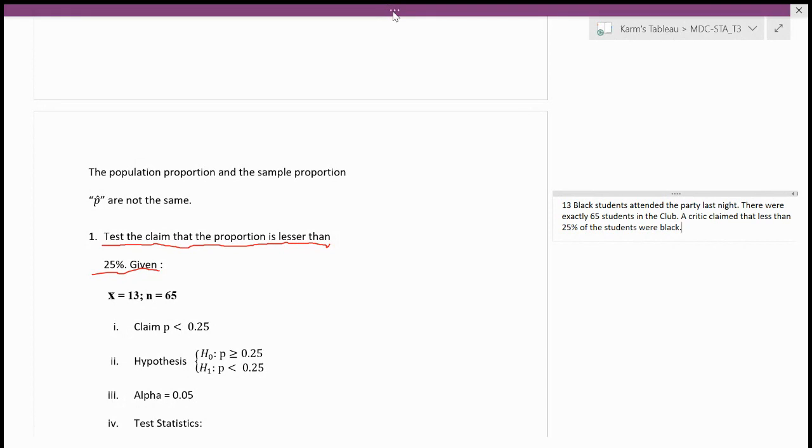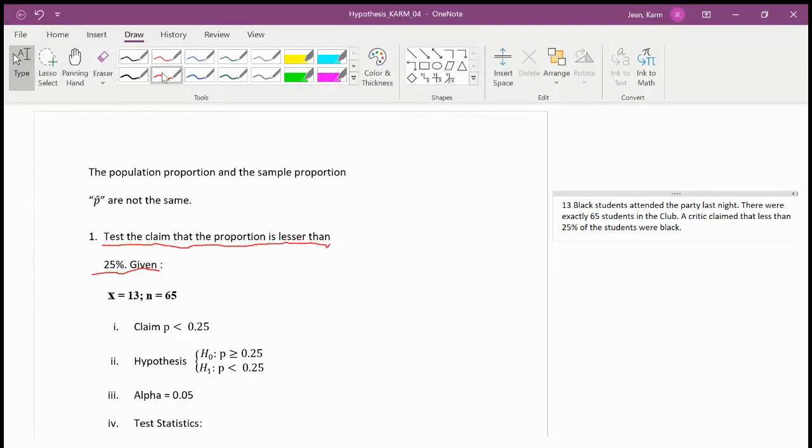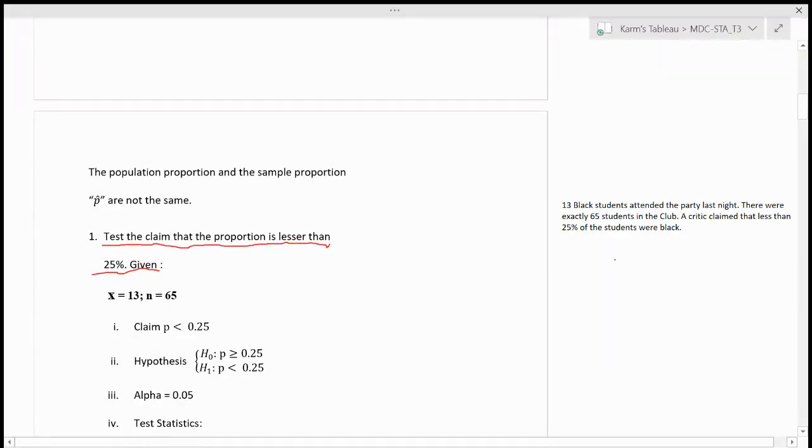But if I can ask you a question, why do you think the p hat will be here? The p hat is what you call the sample proportion. Why do you think it will be here? And what does it mean?